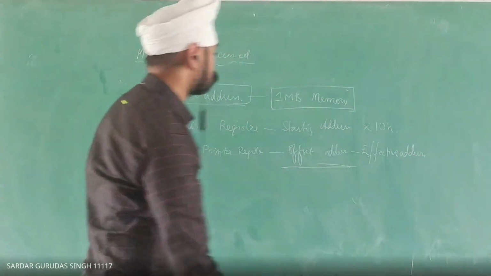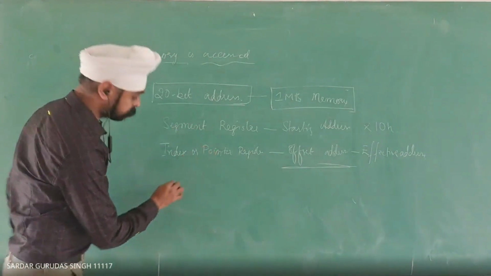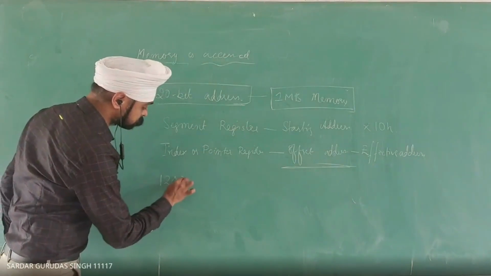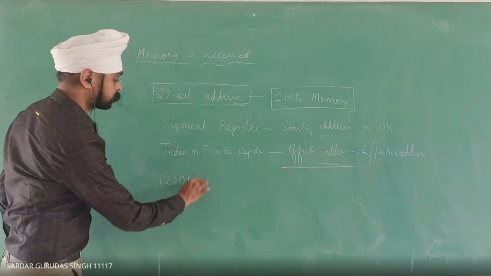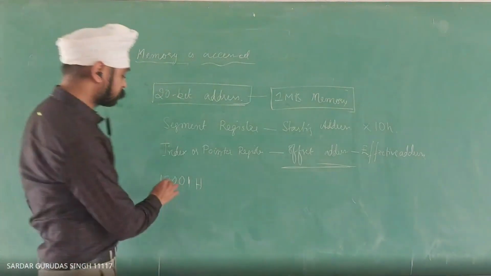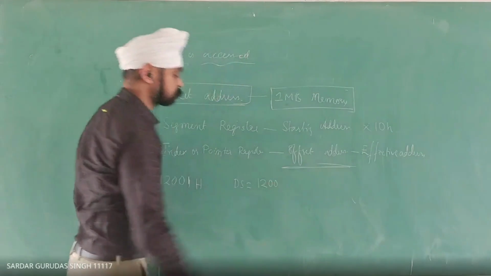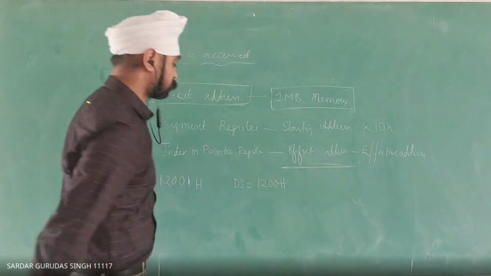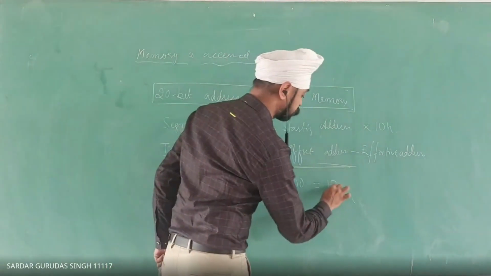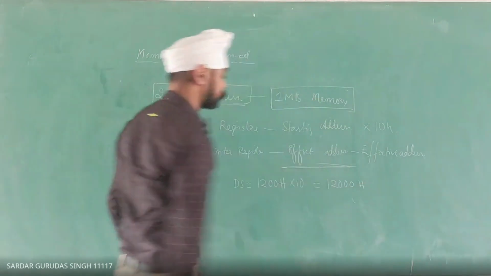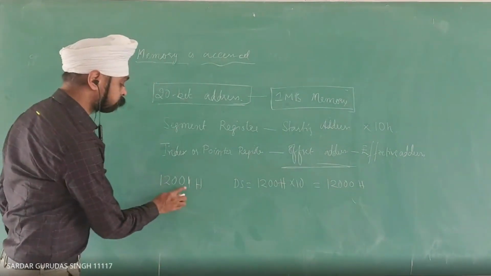Now, for instance, if I want to access the memory address 12,000H, and in the data segment the starting address is 1200H, then what do you need to do? Simply 1200 into 10, which is equivalent to 12,000H. And from this starting address, at which address do you want to go?